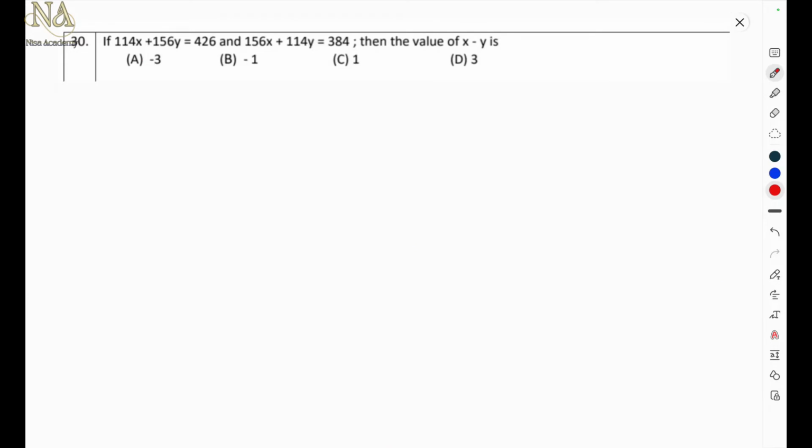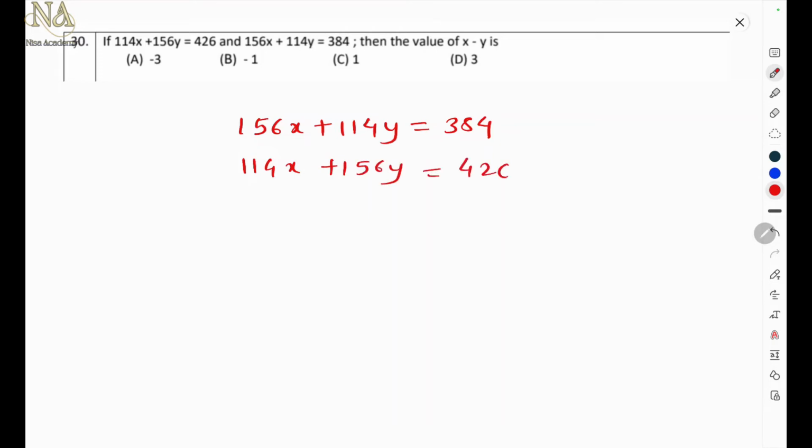Question number 30. If 114x plus 156y equal to 426 and 156x plus 114y equal to 384, then find the value of x minus y. So I will write the first equation like this: 156x plus 114y equal to 384, because I want x minus y, positive x. And 114x plus 156y equal to 426.